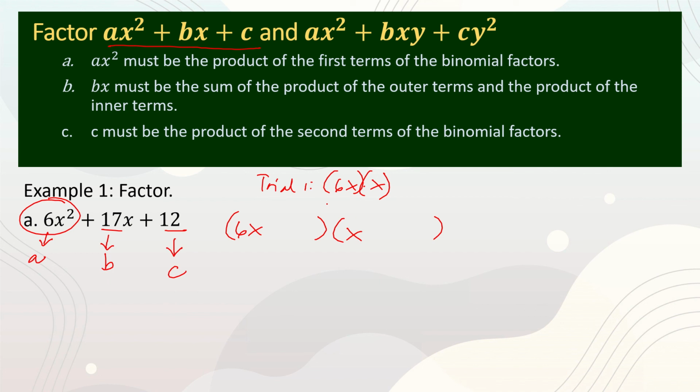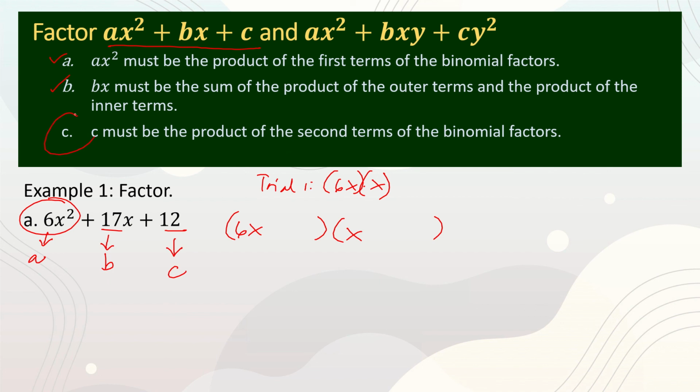Okay? Then let's proceed to B. Bx must be the sum of the product of the outer and the product of the inner terms. So medyo magta-trial ka talaga. So for us to do the B, let's proceed to C first.